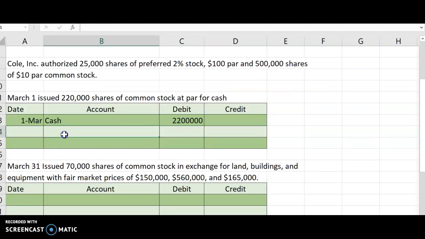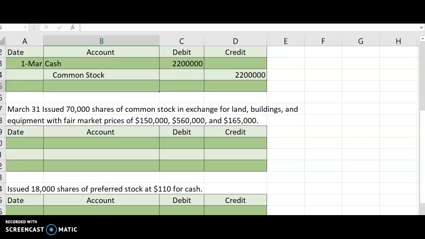Okay, so we issued stock at par, so we're going to credit common stock for that amount. And that's all we have to do because we issued it and received par value of cash, so there's no paid in capital in excess of par on this one.